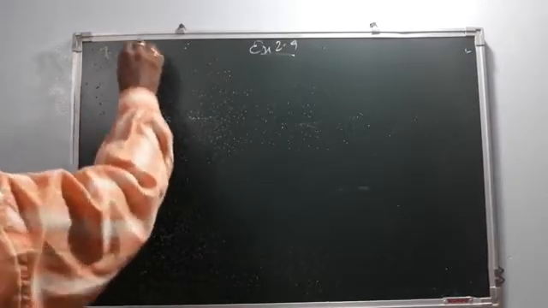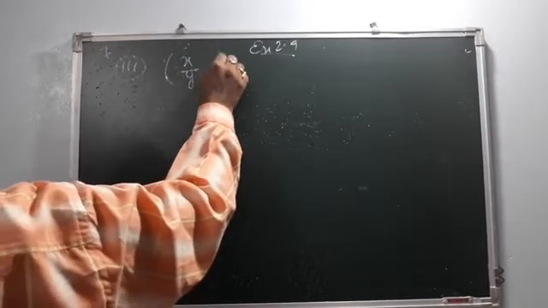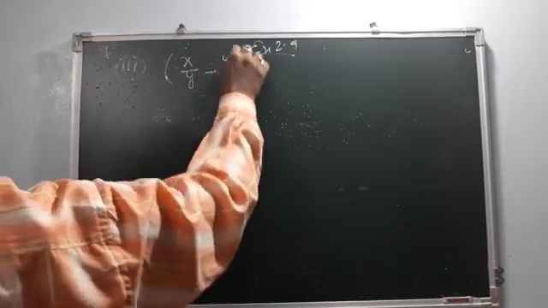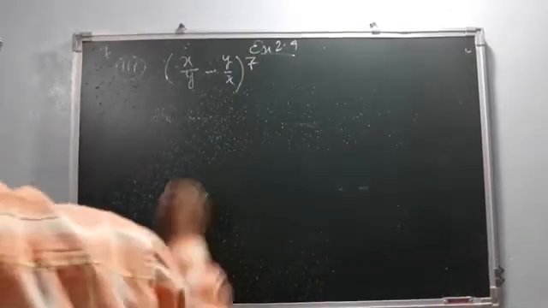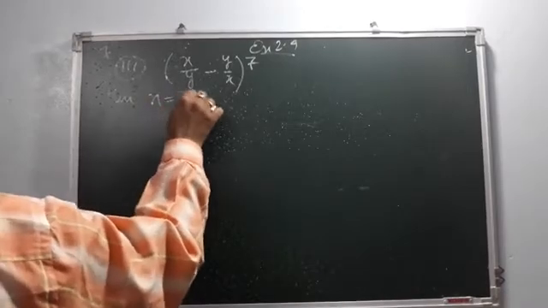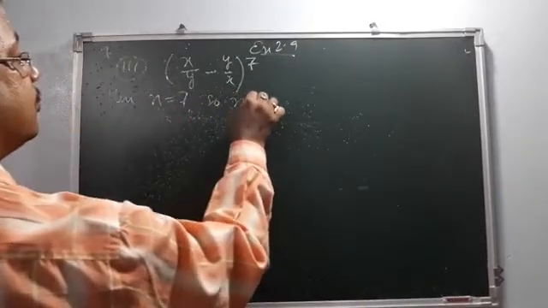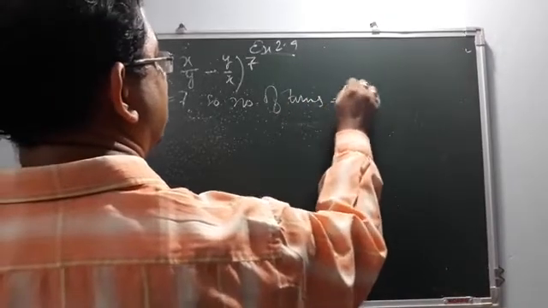Question number 3 is (x by y minus y by x) to the power 7. So it is a little bit different. Here n is 7, so the number of terms is 8.